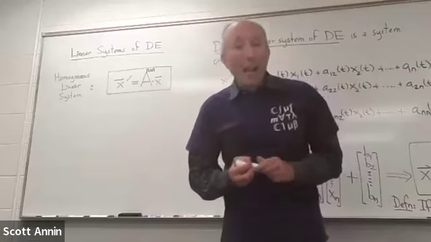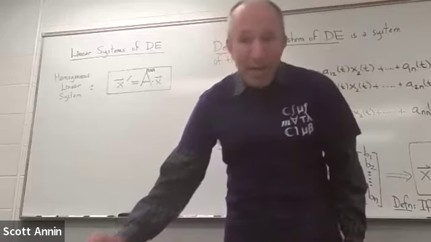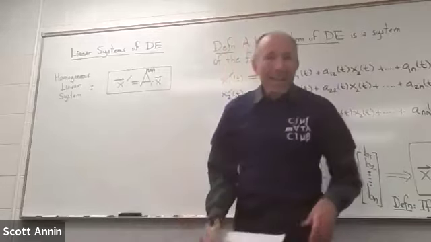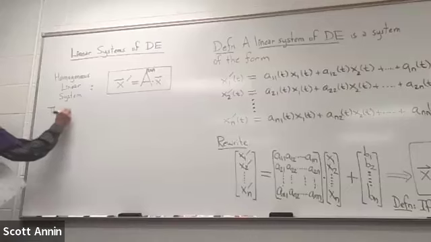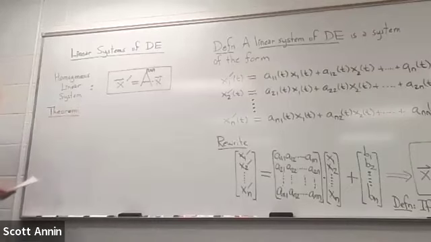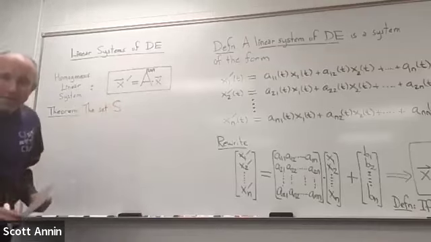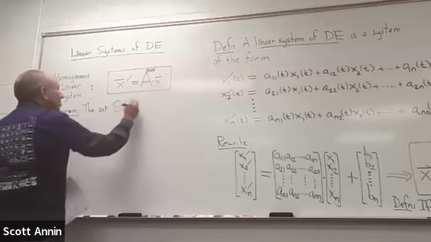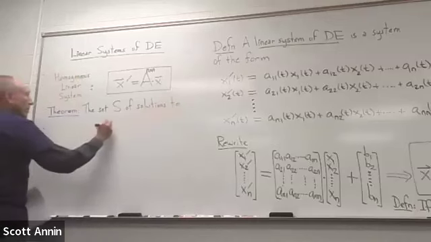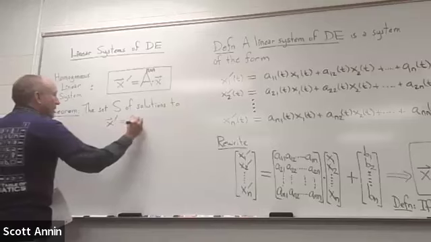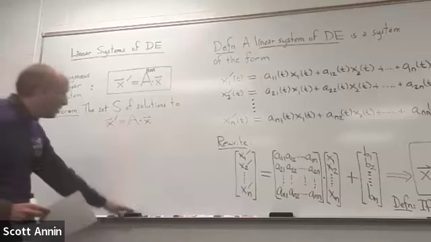So one of the nice things about having the linear system be homogeneous is that we can take greater advantage of the linear algebra that has come before this. And I would like to state a theorem now that shows you right away where the linear algebra can be useful. This is a theorem that is worth writing down for sure. What it says is that if we look at the set S of solutions to x prime equals A times x, again, this is the homogeneous linear system, so the b vector is not here.